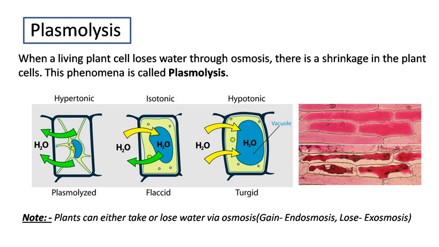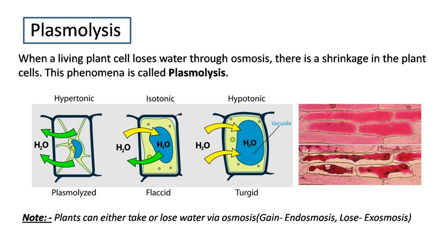When a cell is placed in an isotonic solution, there is regular movement of water and the cell stays flaccid. When the cell is placed in a hypotonic solution, the water moves inwards and the cell becomes turgid.